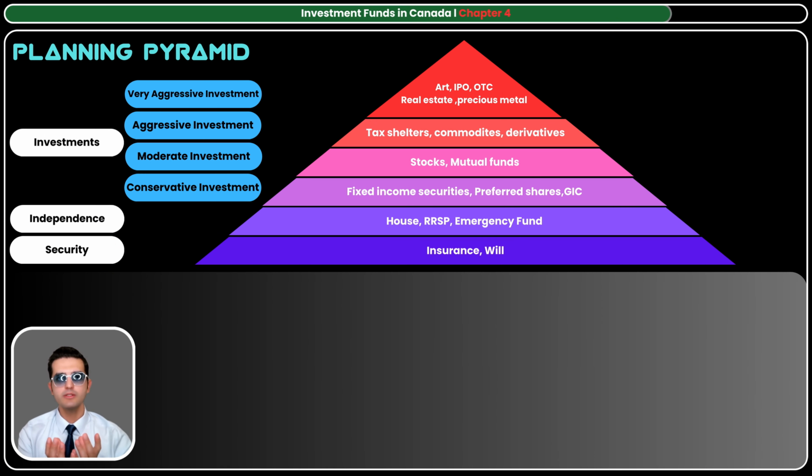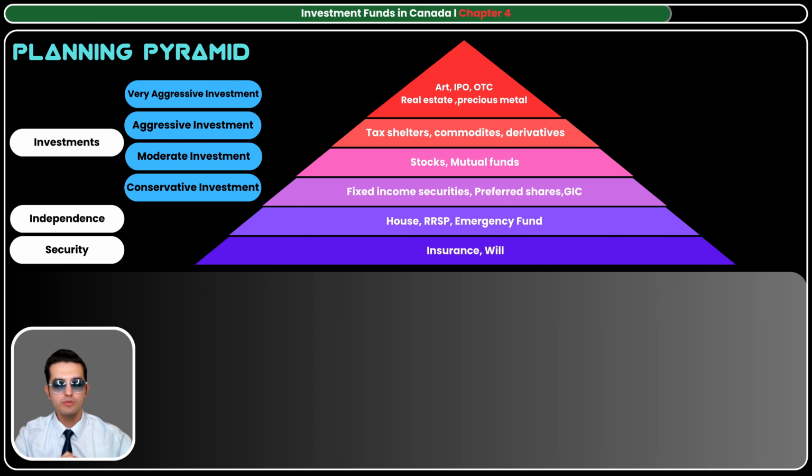So the whole point of this pyramid is that it helps you to have an idea of your financial priority in your life. Okay, it says you need to have your house first, and then go buy, I don't know, art, which is a very aggressive investment.